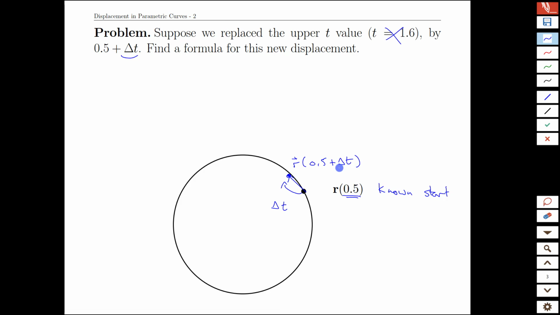What that's going to give us is a function. The displacement, this vector here, is going to depend on the value of delta t. The nice thing about this is that the displacement is going to be formatted exactly the same way it was last time. We won't get into the weeds of the values here because we won't know what delta t is, but we just remember that the formulation of it is exactly the same. It is the end minus the start.